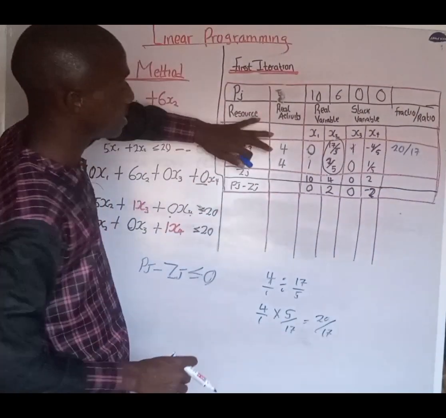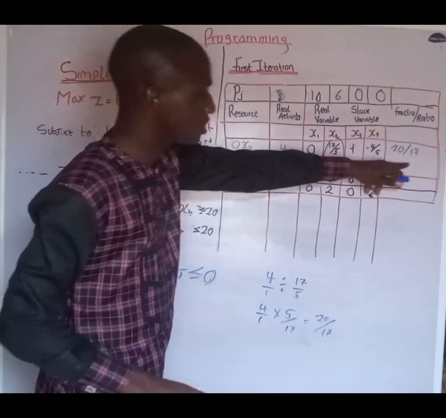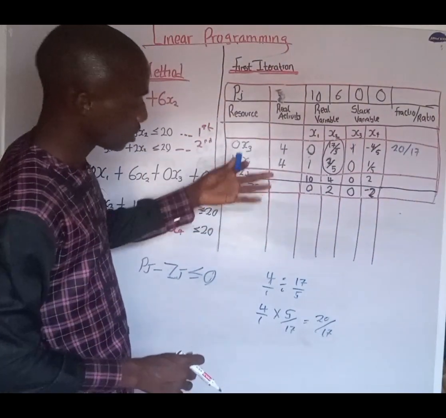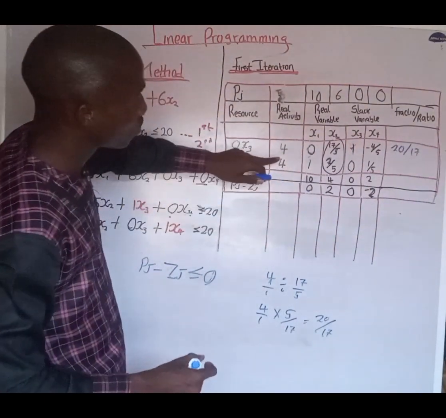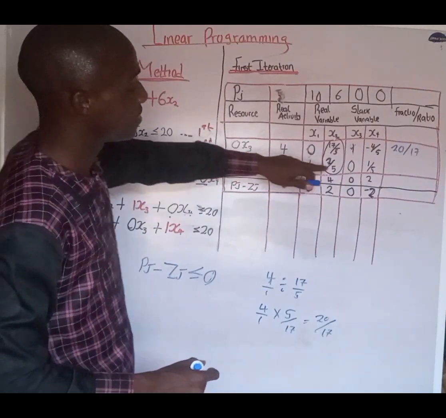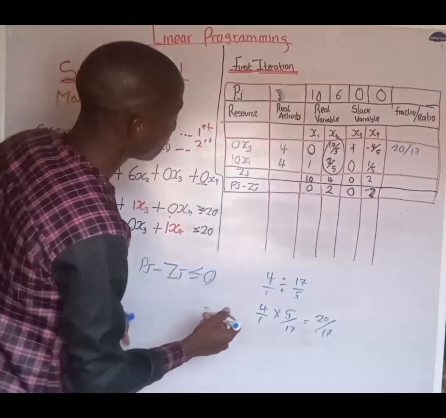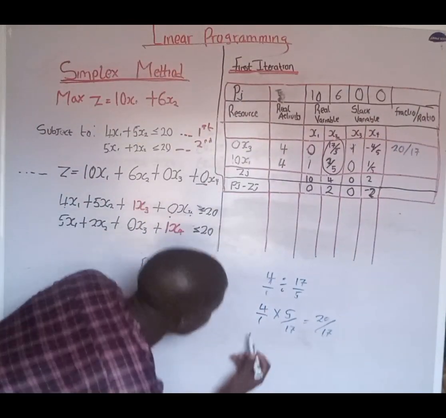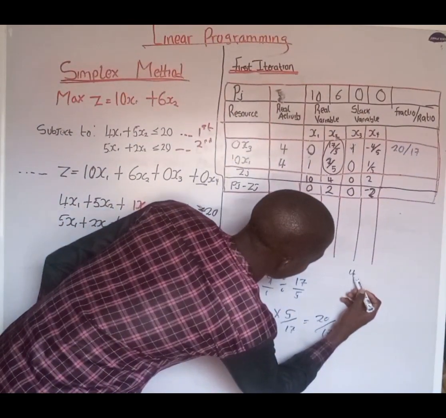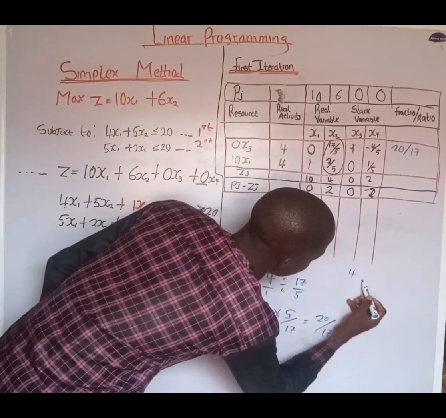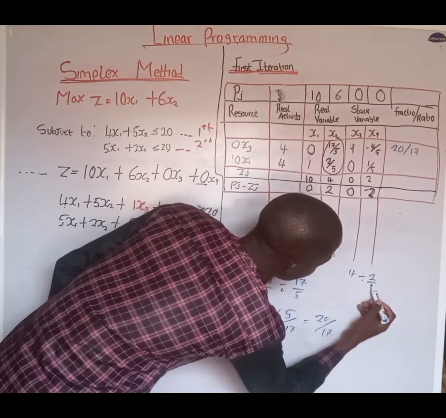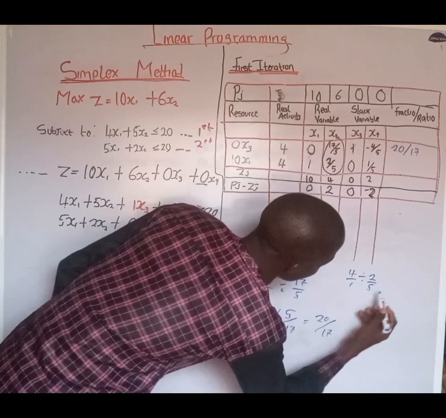Now let's proceed to get the ratio of this second one. It also follows the same procedure. I divide my real activity by the corresponding element in the key column. So I'm going to have 4 divided by 2/5. Don't forget that I can write 4 as 4 over 1.